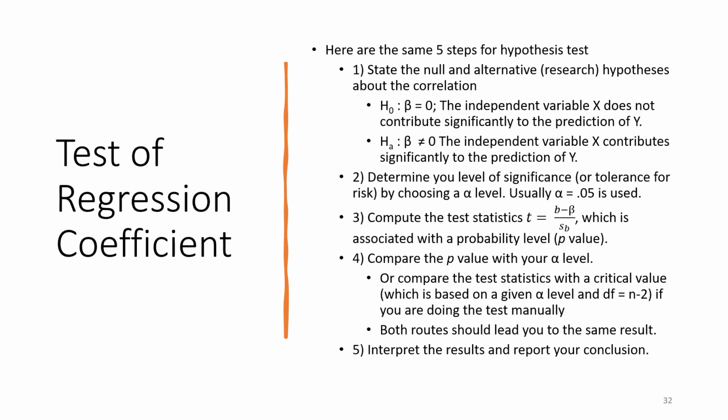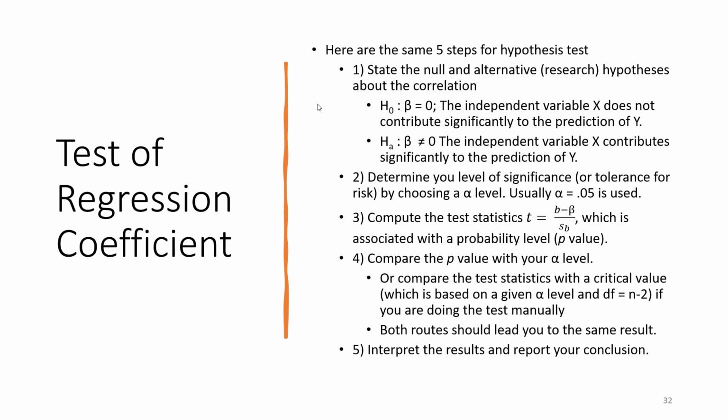The last topic in this video is how to test the significance of the regression coefficient. The test information is provided in the SPSS output. Here, I use the same 5 steps to explain how to interpret the test values in the SPSS output.